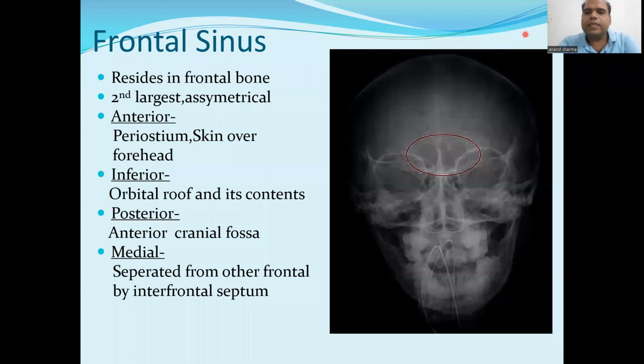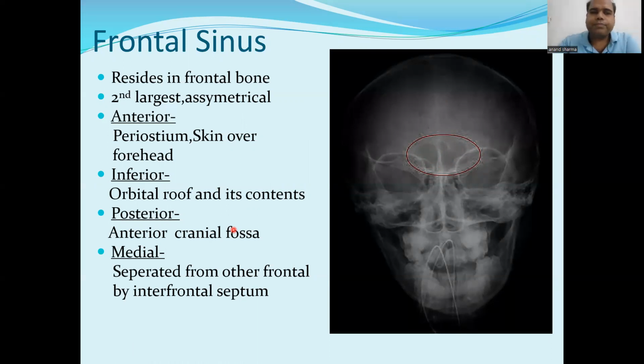The second sinus is the frontal sinus. It is present in the frontal bone. It is the second largest sinus, and it is an asymmetrical sinus. Here in the X-ray, we can see the two, right and left, which are separated by an interfrontal septum. Anteriorly, it is formed by the frontal bone and the skin over the frontal bone.